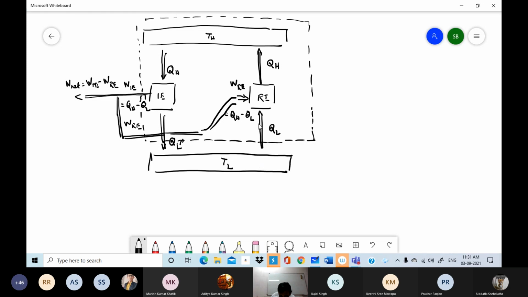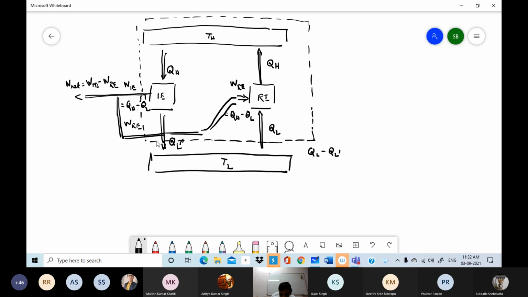So then the net transfer is in this way. So QL minus QL prime is what is transferred, and that is same as WIE minus WRE, follows from the first law. So now if you see, this is the device, again assuming that both irreversible and reversible engines operate in a cycle, it means that this entire device works in a cycle.